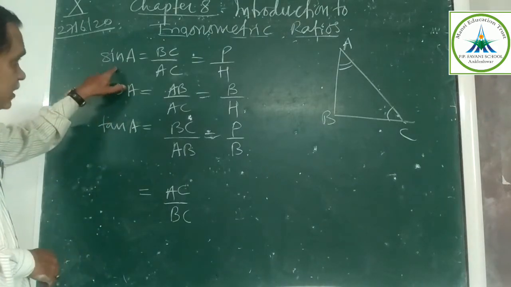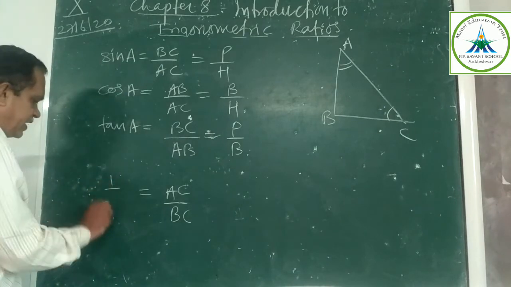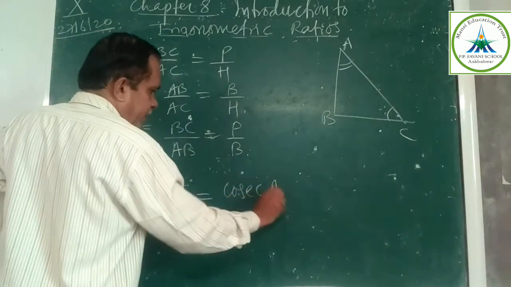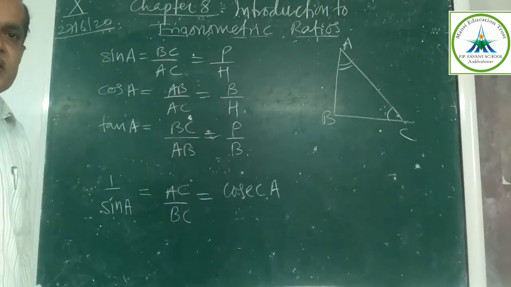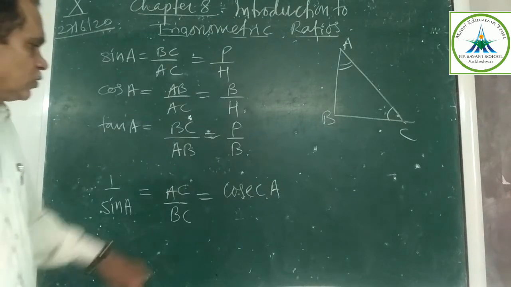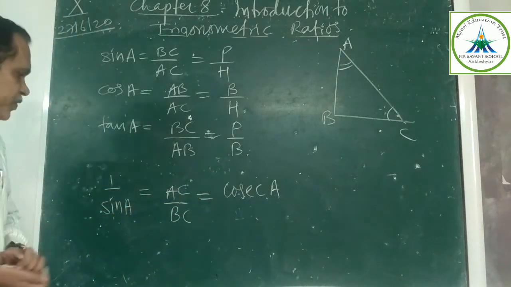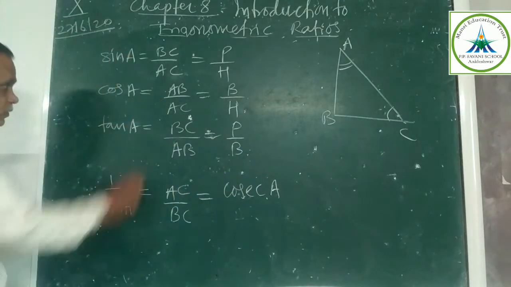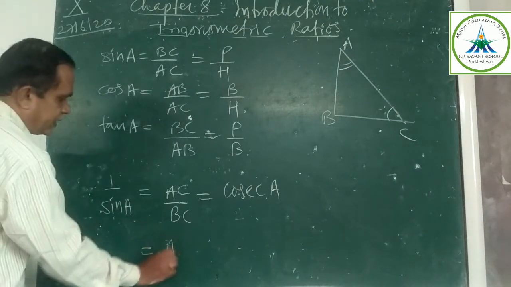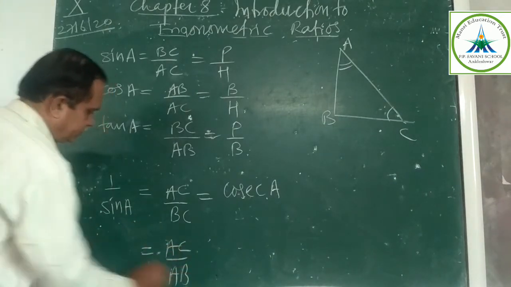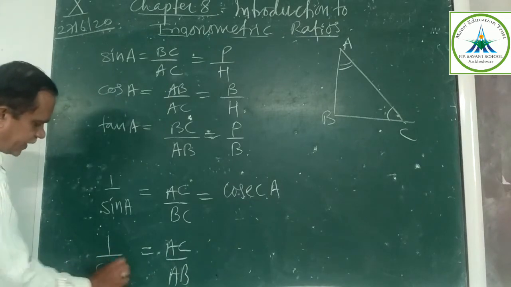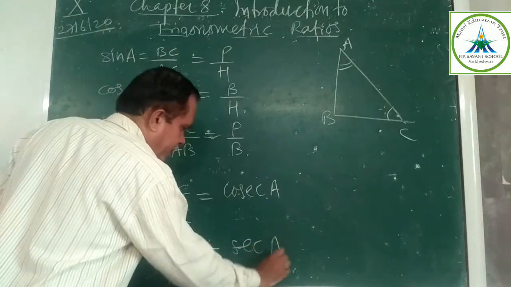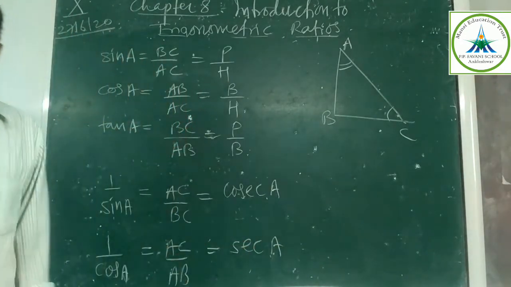So this sine A, if we take its reciprocal, 1 upon sine A, is known as cosec A. Cosec is the abbreviation of cosecant. If I take the reciprocal of AB upon AC, I get AC upon AB. That is the reciprocal of cos A, and the reciprocal of cos A is known as sec A.